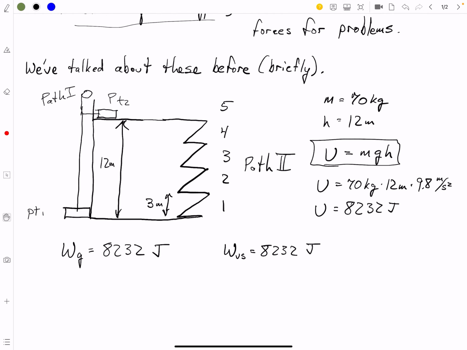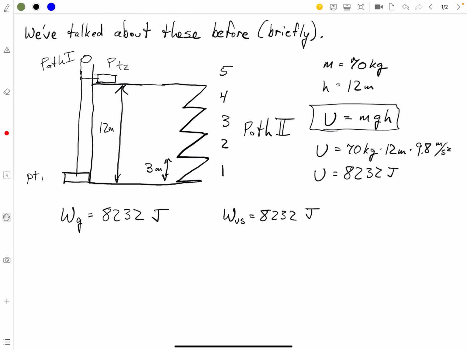Now, let's step up here a little bit, and let's just talk about either way. Even if we were to go this direction, path 2, and we go up the stairs like so, all the way to the top, we have to do the same amount of work.